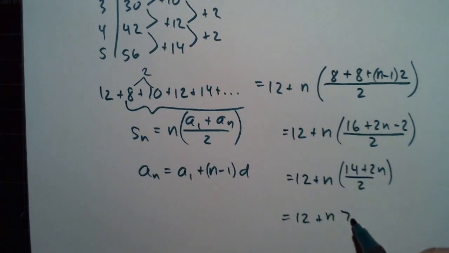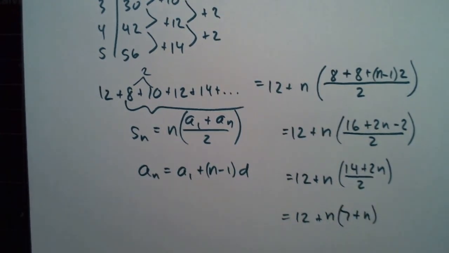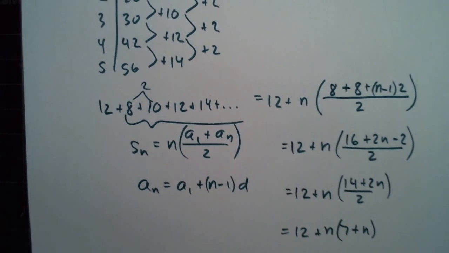And we get 7 plus n. And it's probably not the correct quadratic model yet, so we should go and test it.